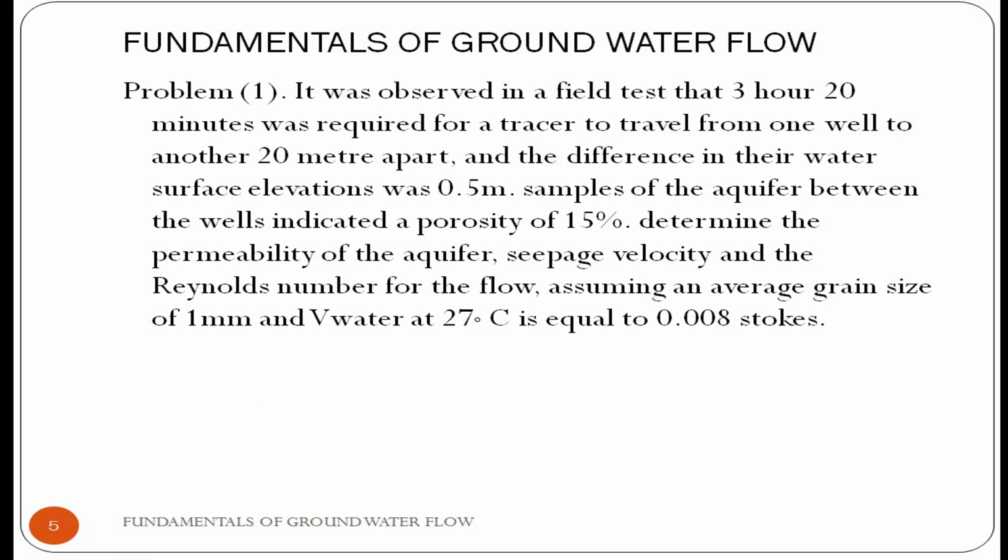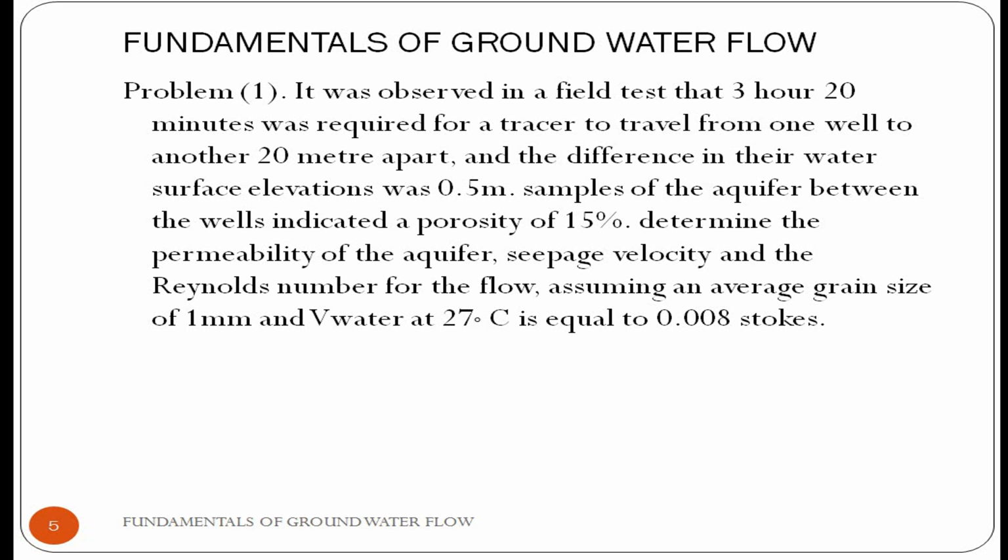So now let us solve a problem. Here in this problem, it was observed in a field test that 3 hours 20 minutes was required for a tracer to travel from one well to another 20 meters apart, and the difference in their water surface elevations was 0.5 meter.